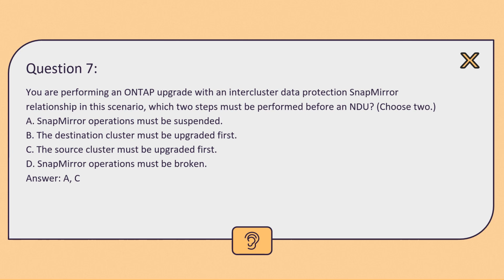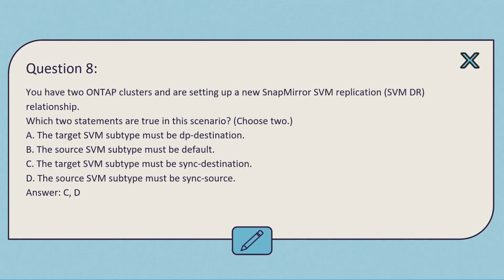C. The source cluster must be upgraded first. D. SnapMirror operations must be broken. Answer: A, C.